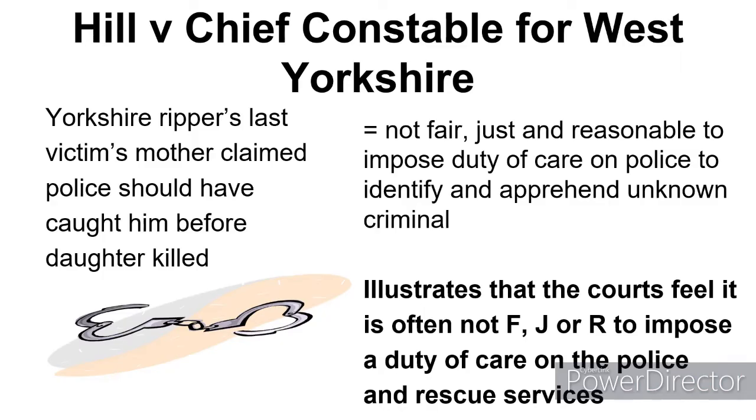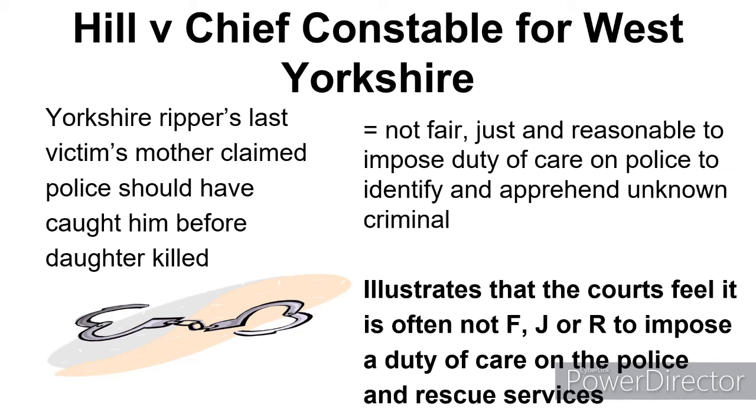The case that illustrates this idea is the Yorkshire Ripper case of Hill v West Yorkshire Police. In this case, the mother of the last Yorkshire Ripper victim sued the police for negligence. She claimed that the police should have caught Peter Sutcliffe, the Yorkshire Ripper, before he had killed her daughter.